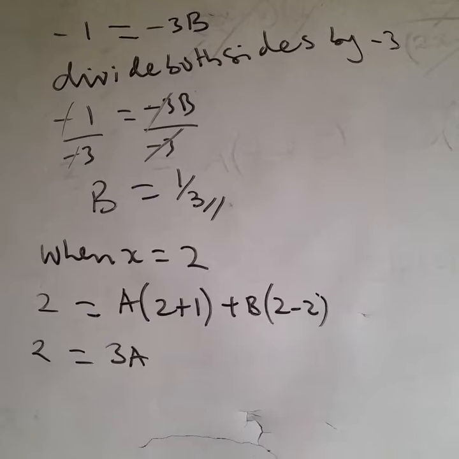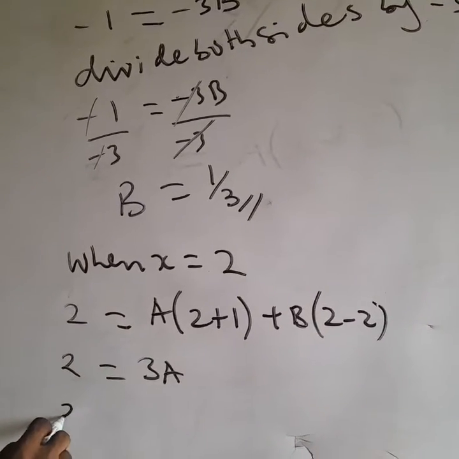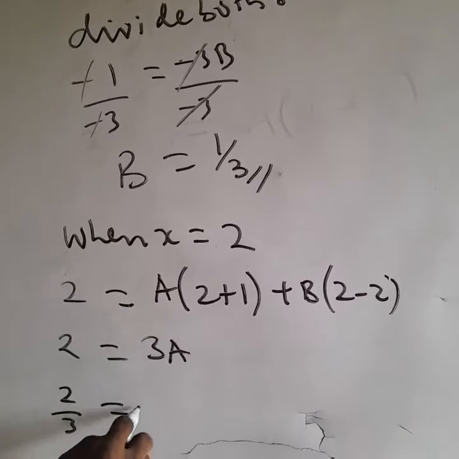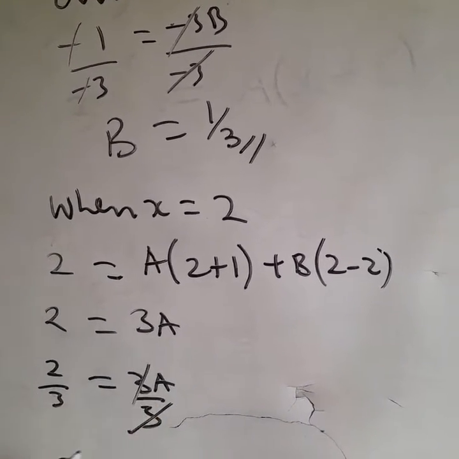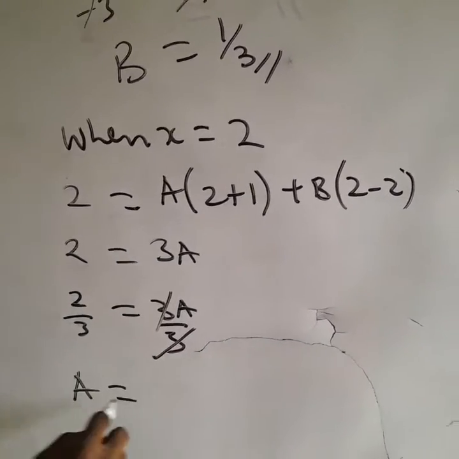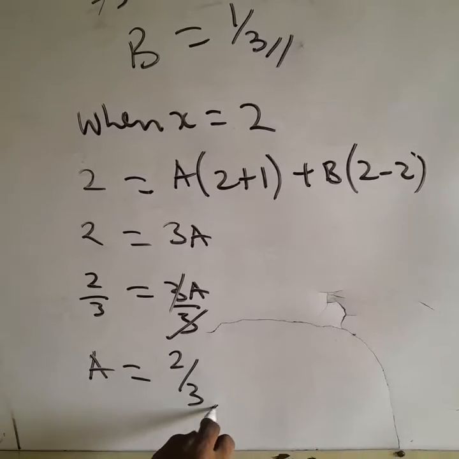So we divide both sides by the coefficient of a, which is 3. We have 2 divided by 3 equal to 3a divided by 3. This will cancel this. We have a equal to 2 over 3.